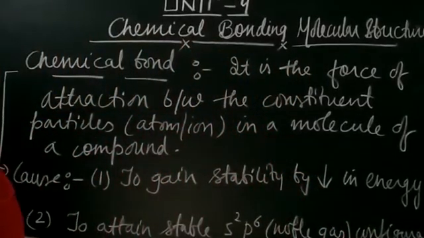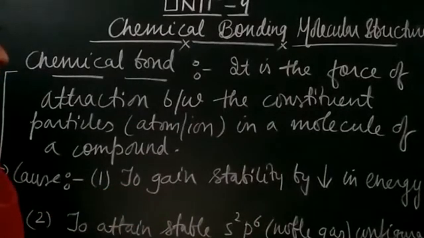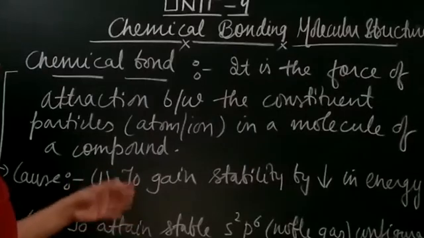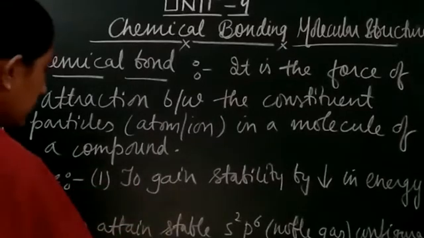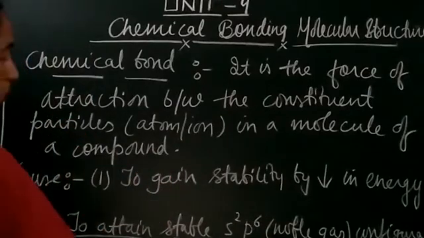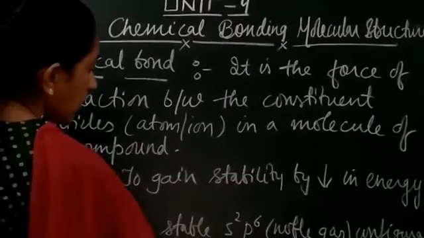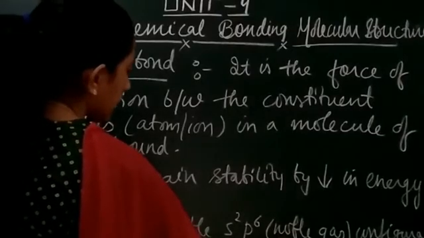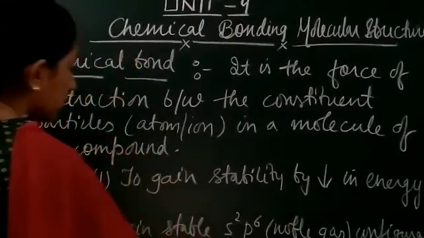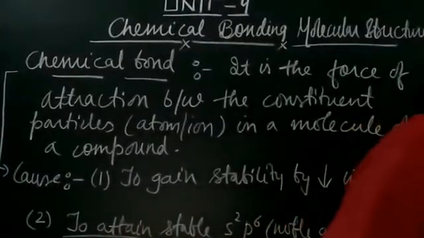So to attain the stable s2p6 noble gas configuration, and to gain the stability by decrease in the energy. Now this stable s2p6 configuration is known as the Lewis octet rule, right? We will be doing it in detail later in this chapter.